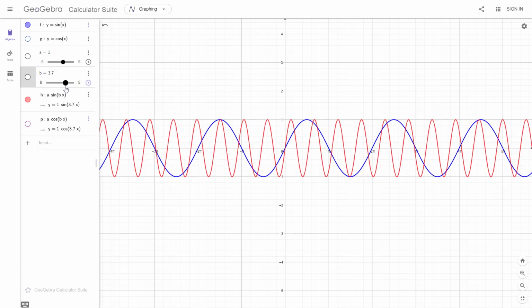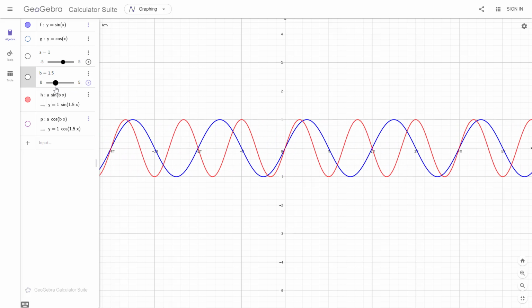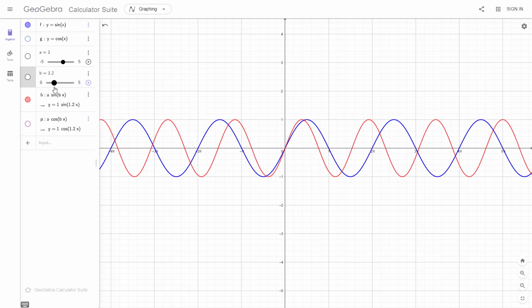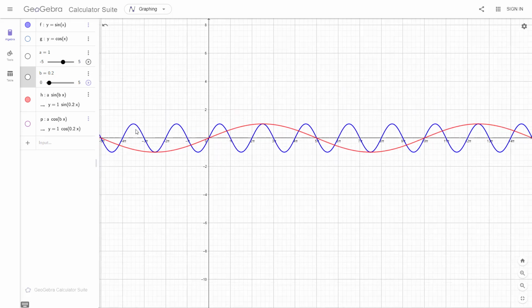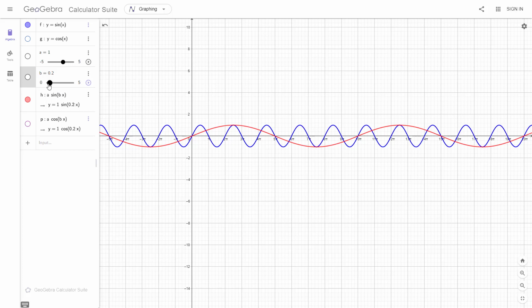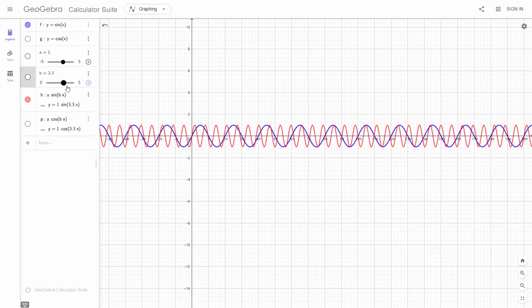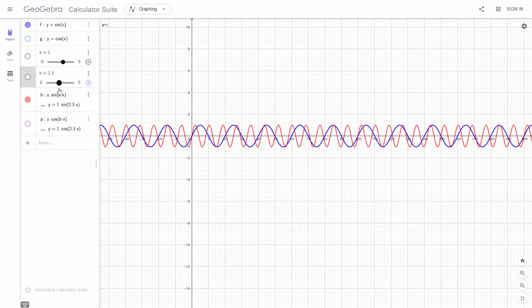But if I decrease b, something less than 1, then it begins to stretch, getting longer and longer until it is almost flat. So here we have horizontal stretching for small values of b, and horizontal shrinking for large values of b.